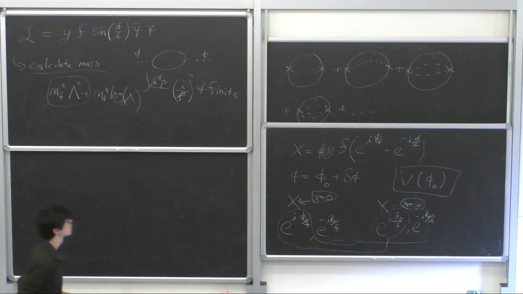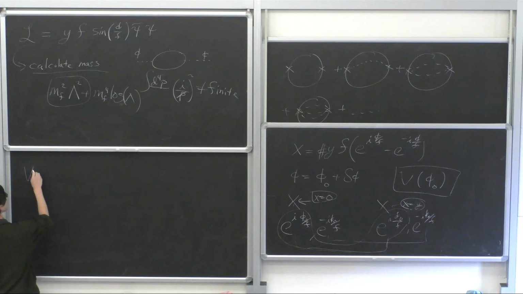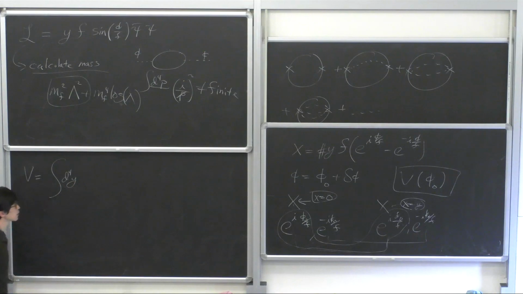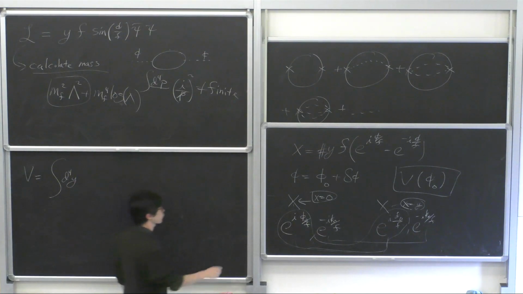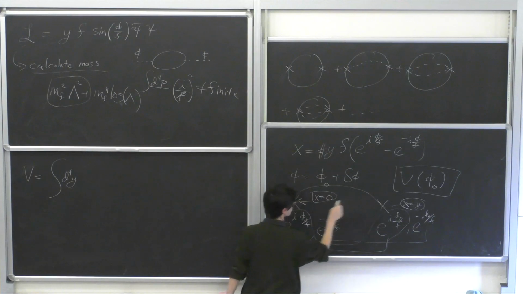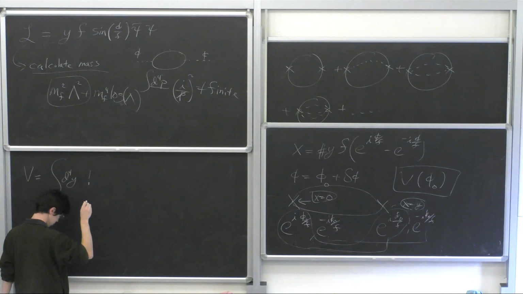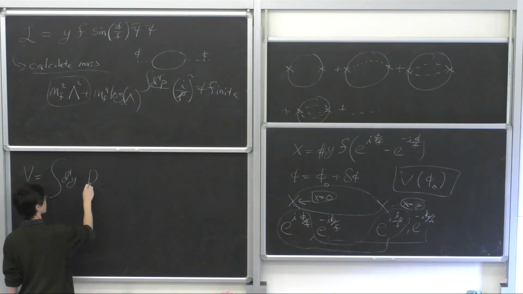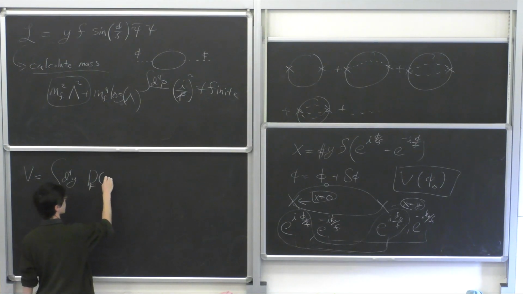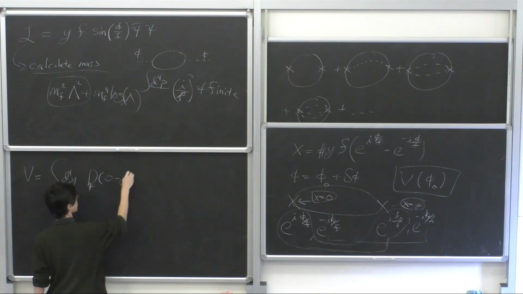All right. So the effective potential is integral d4y. I have a fermion propagator here. If you haven't worked in position space, always done in momentum space, it's good for the soul to work in position space at least some point in time. So this is just going to be some fermion propagator taking you from 0 to y.